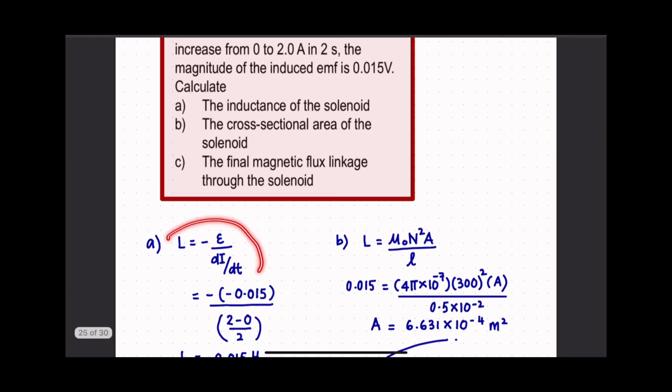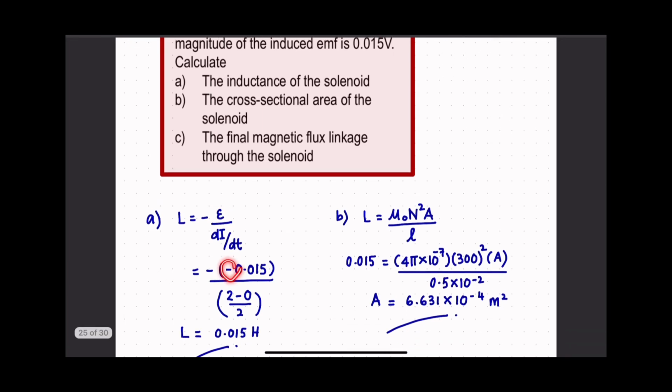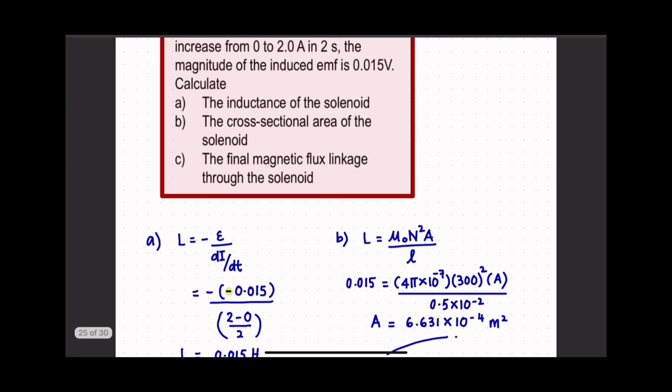So the formula for the inductance of the solenoid is L equals negative induced EMF over di per dt. Do you see what I put here? I put a negative. Why did I put a negative there? Because the current goes from 0 to 2, which means there is an increase.